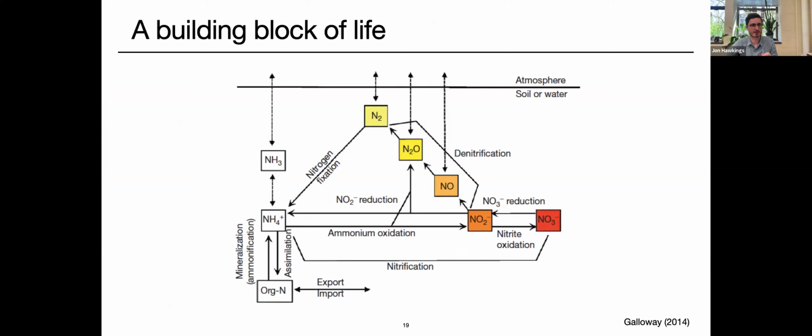Nitrogen's used in lots of cellular functions. I'm not a microbiologist, so I'm not going to get into hot water by giving you exactly what functions, but things like amino acids, proteins, nucleic acids, other cellular components such as chlorophyll have some nitrogen in. And it's thought to be one of the key limiting nutrients in the oceans around Greenland as well, nitrogen.